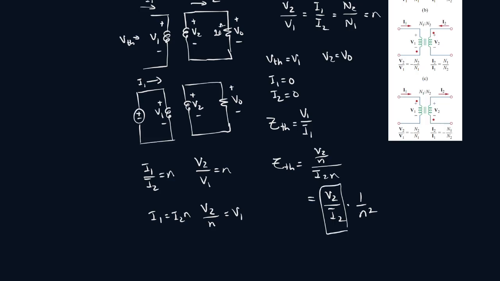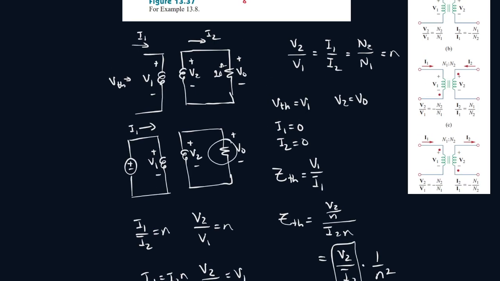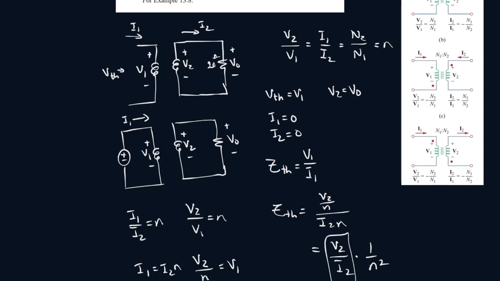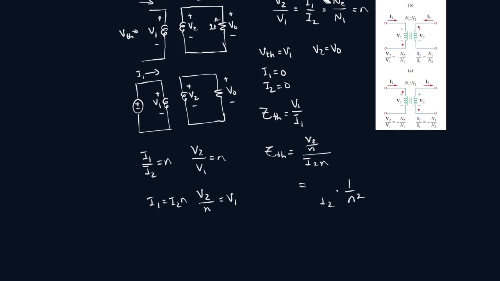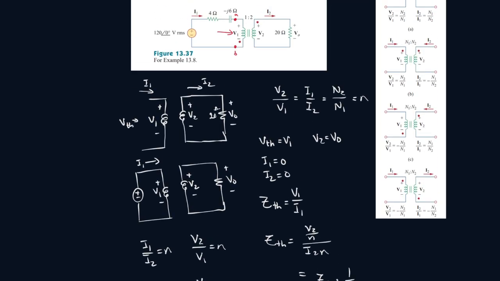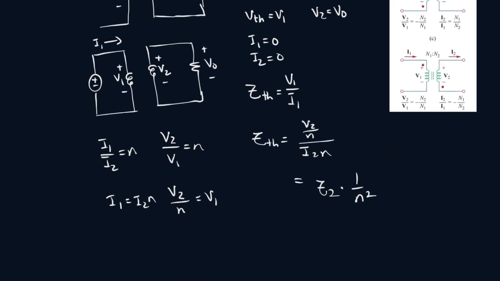This value, V2 over I2, refers to this region, because recall V2 is equal to VO, and I2 is the current passing through this resistor. So this will just be Z2, and we know Z2 is 20 ohms.